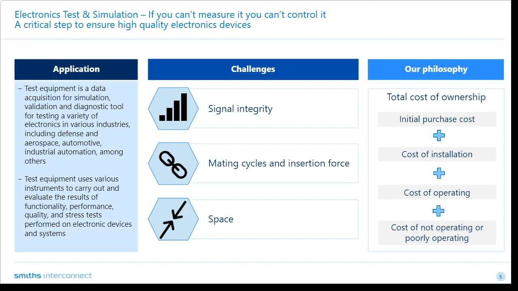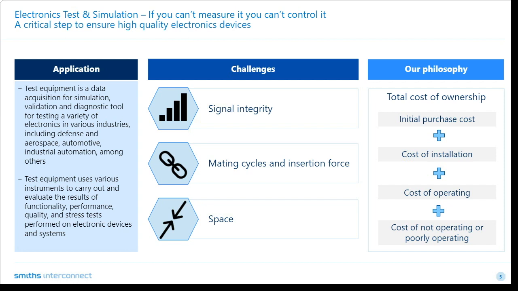Now, the role of test equipment depends, but in general, if you try to sum it up at a much higher level, it includes a variety of instruments that carry out and evaluate the results of functionality, performance, quality, and stress tests. All of them are done on electronic devices and systems, either during the design phase of an electronic equipment or during its production phase, to ensure that whatever is leaving our customers' factories is of sound quality.